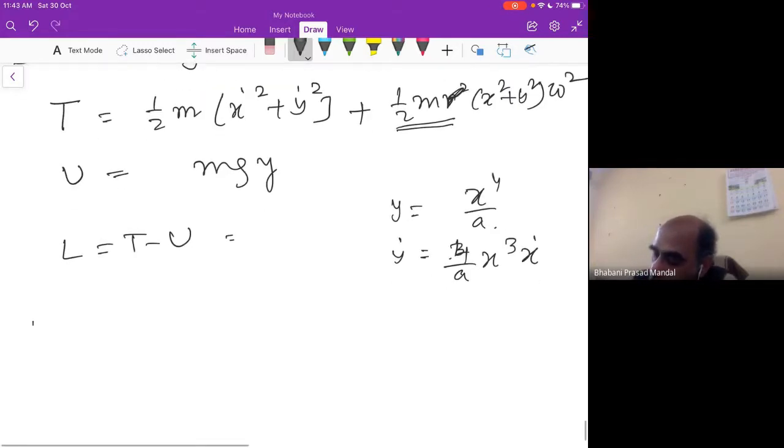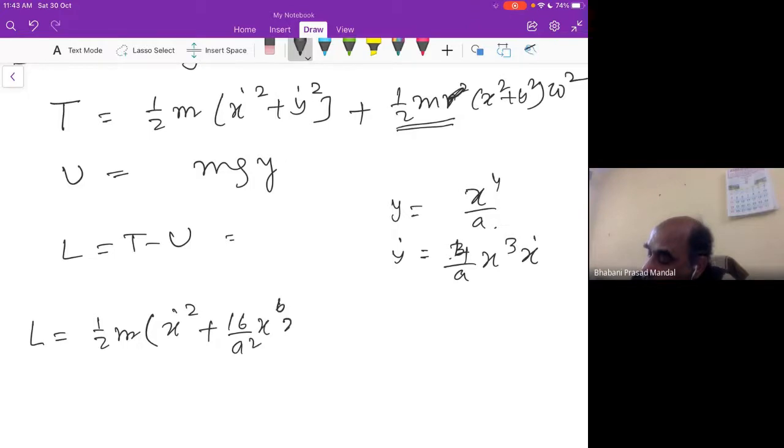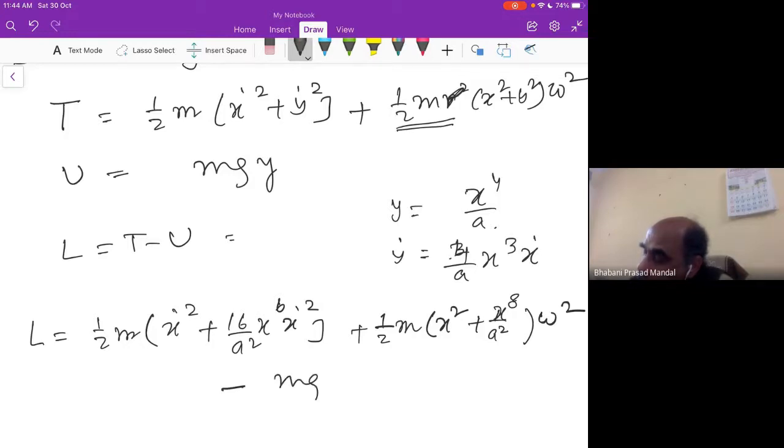So your Lagrangian will be half m (1 plus 16 by a square x^6) x dot square, plus half m (x square plus x^8 over a square) omega square, minus mg x^4 by a.